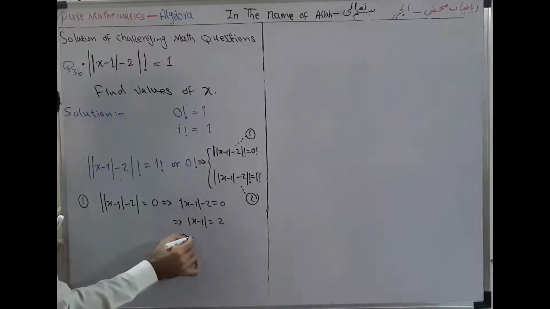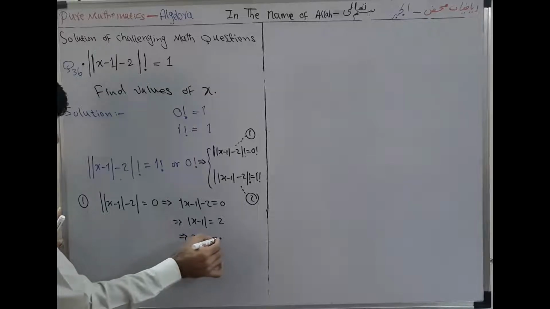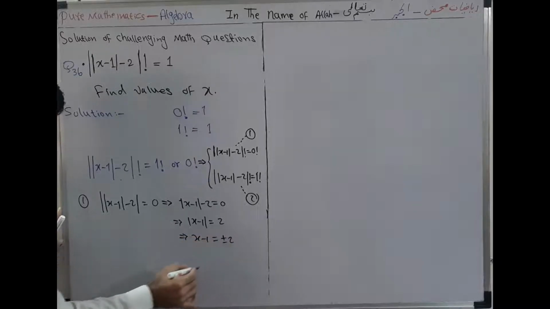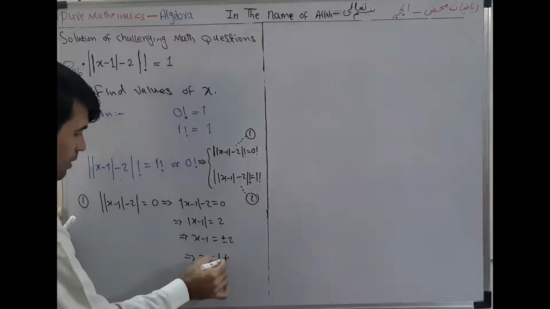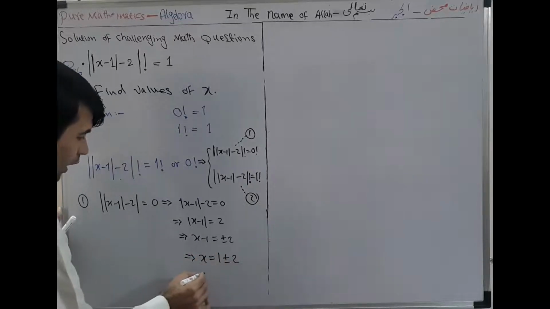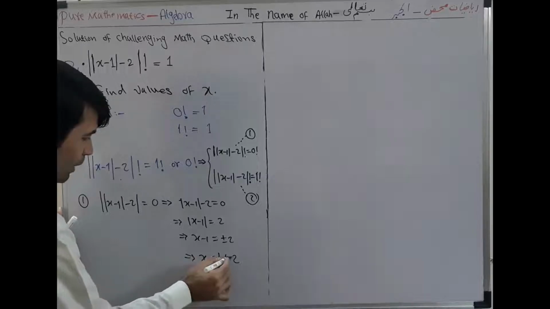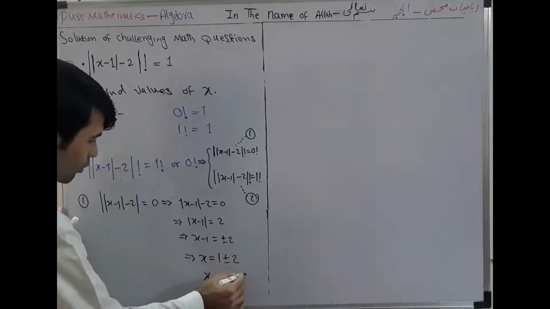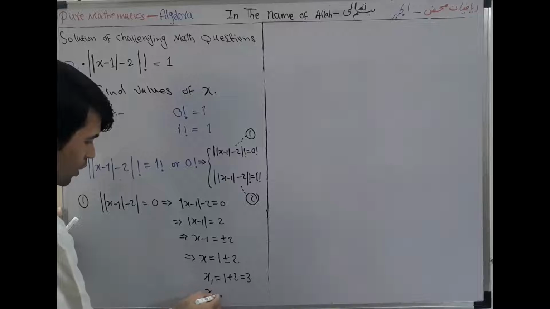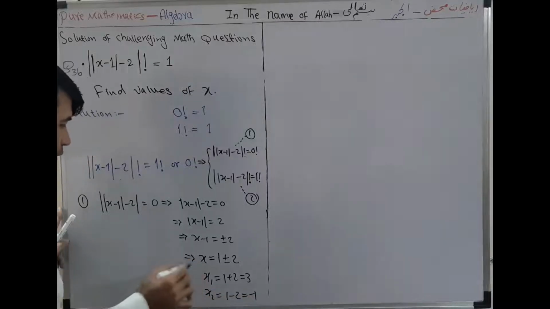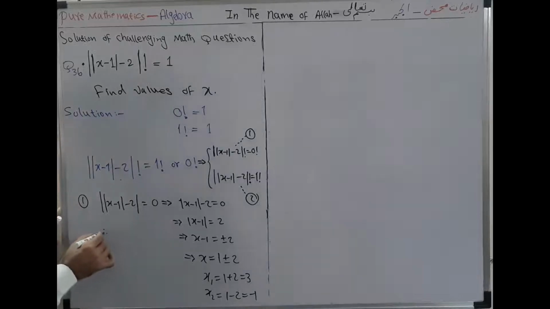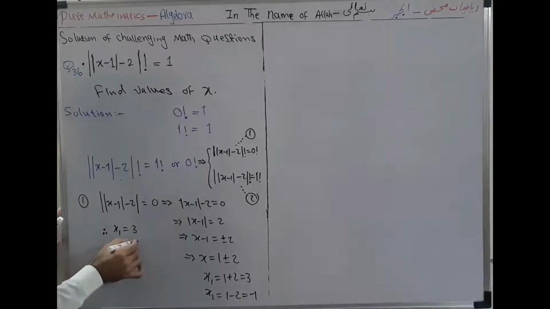This implies x minus 1 is equal to plus or minus 2. This implies x is equal to 1 plus or minus 2. x1 is equal to 1 plus 2, which is 3. x2 is equal to 1 minus 2, which is minus 1. Therefore, we get two solutions: x1 is equal to 3, x2 is equal to minus 1.